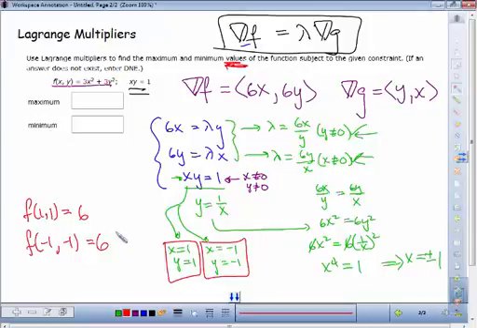Same maximum and minimum value, you think? What do you guys think? Does it make sense? I don't know.